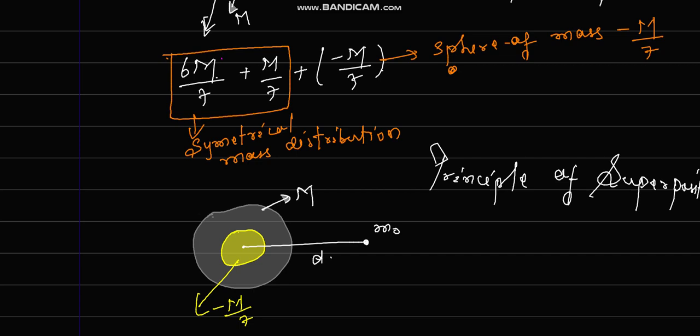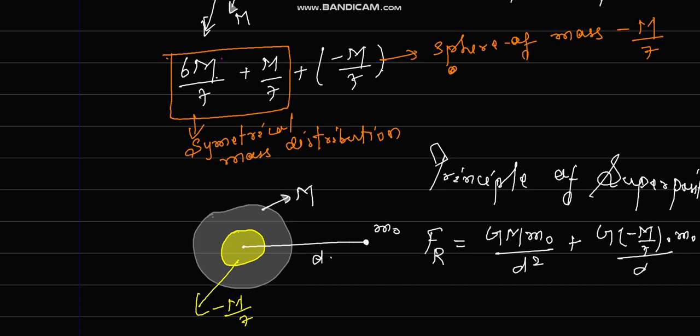Because of the mass capital M, the force will be, so F resultant will be G M m naught divided by D square, plus G times minus M by 7 into m naught divided by D square.